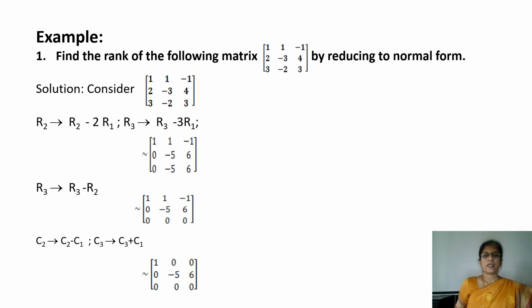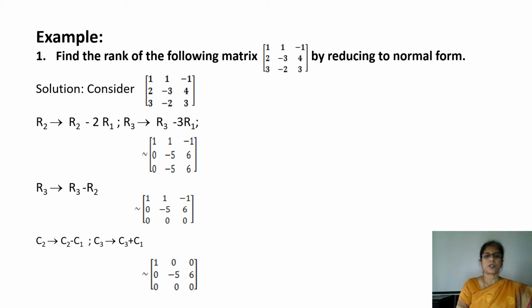But to reduce this to one of the normal forms, it is not only necessary to do this, we should also make the other non-diagonal elements 0. This can be done by applying the operations C2 changes to C2 minus C1 and C3 changes to C3 plus C1.